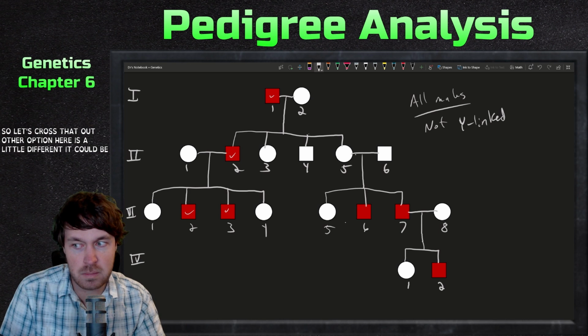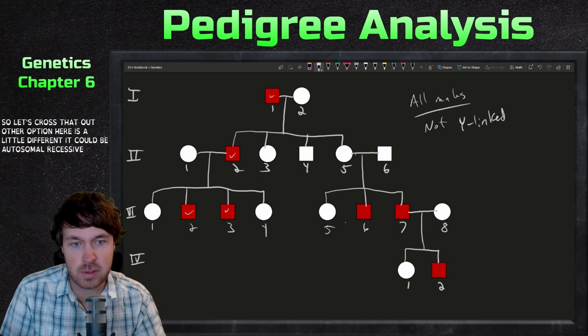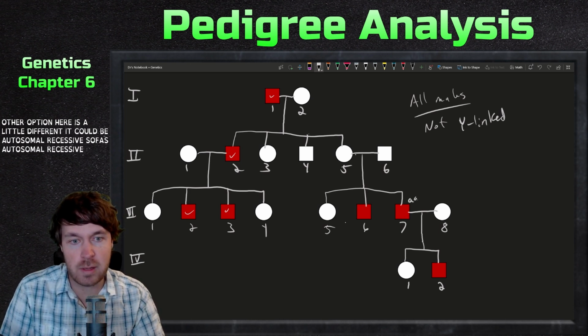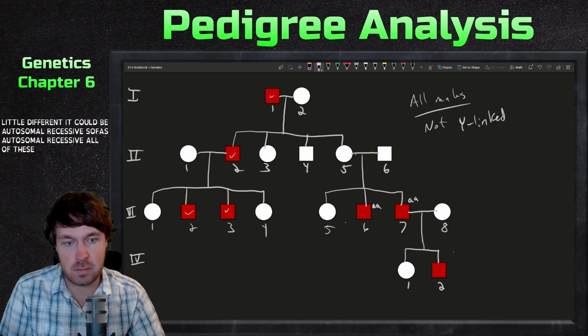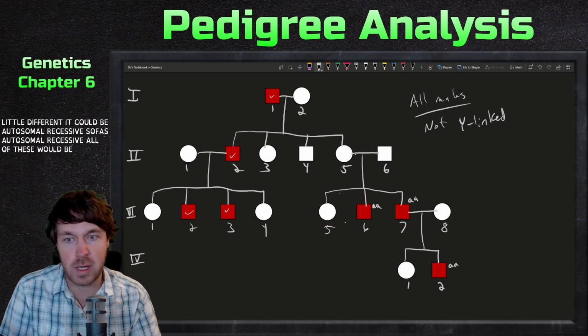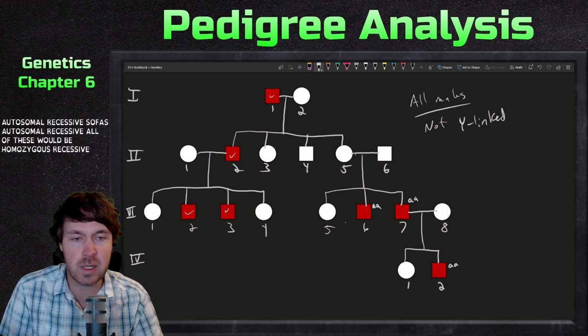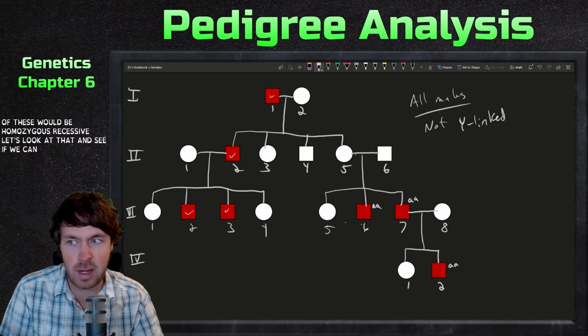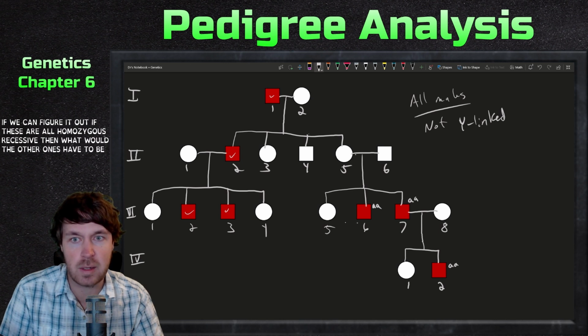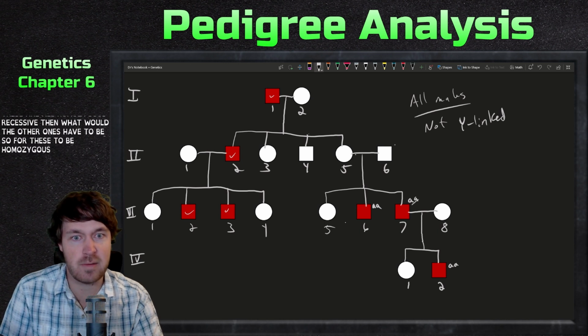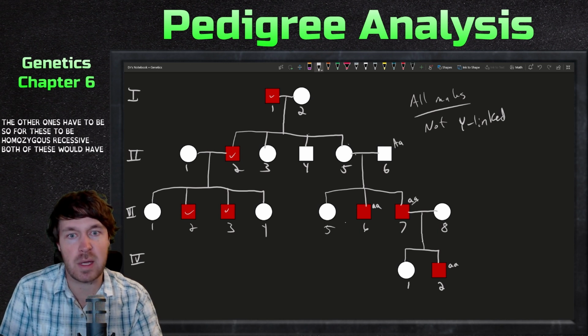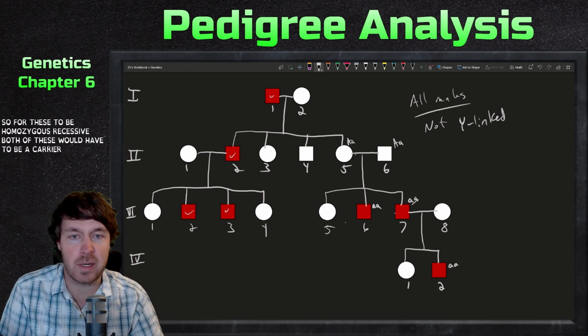It could be autosomal recessive. If it was autosomal recessive, all of these would be homozygous recessive. So let's look at that and see if we can figure it out. If these are all homozygous recessive, then what would the other ones have to be? For these to be homozygous recessive, both of these would have to be a carrier, which is possible.